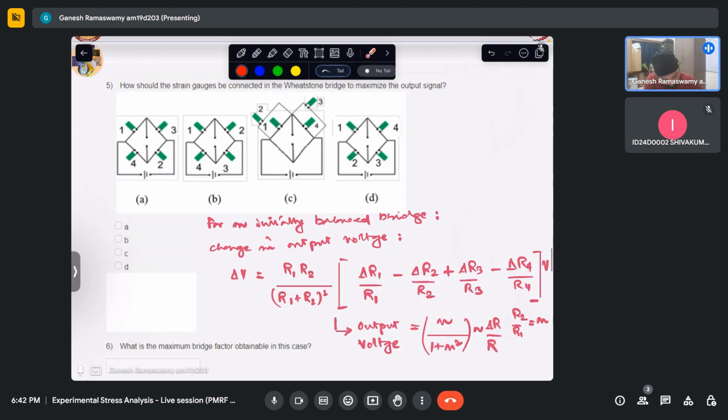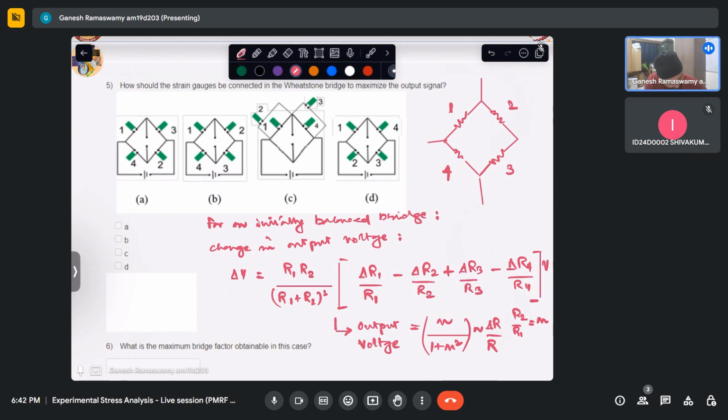So while we derive this, the arrangement that we go for is like that, where 1 and 2 are in the adjacent terms, 1, 2, 3, and 4. And we tap the output out of this. So let me delete this.